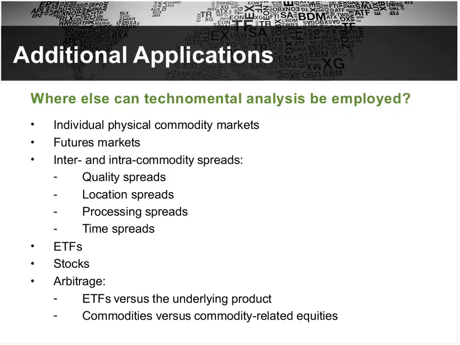It happens in processing spreads, crack spreads, oil versus heating oil and gasoline. It happens in crush spreads, soybeans versus soybean meal and soybean oil. It happens in time spreads, where markets go to overextended levels of backwardation or overextended levels of contango.